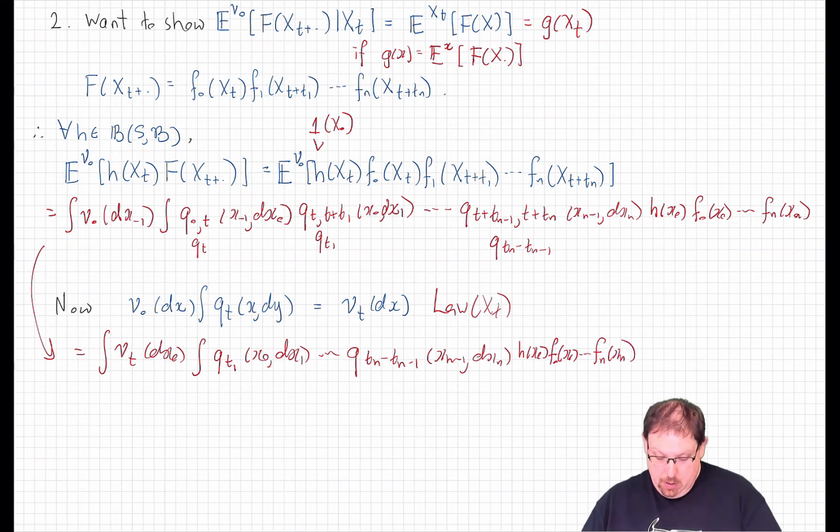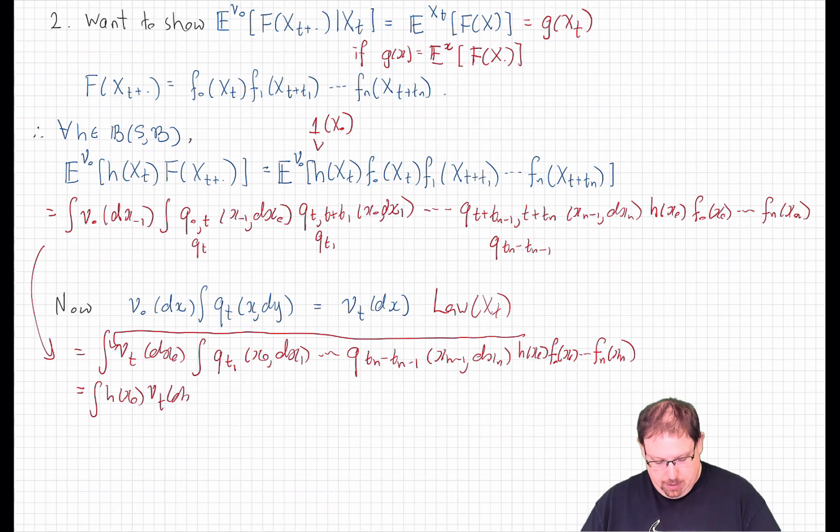Well, let's just decide to combine the h out here with the initial distribution and leave everything else in place. So that gives us integral of h of x naught nu t of dx naught times everything else.